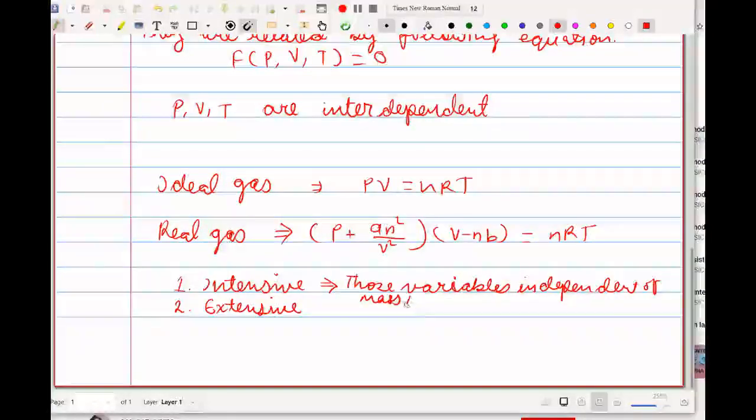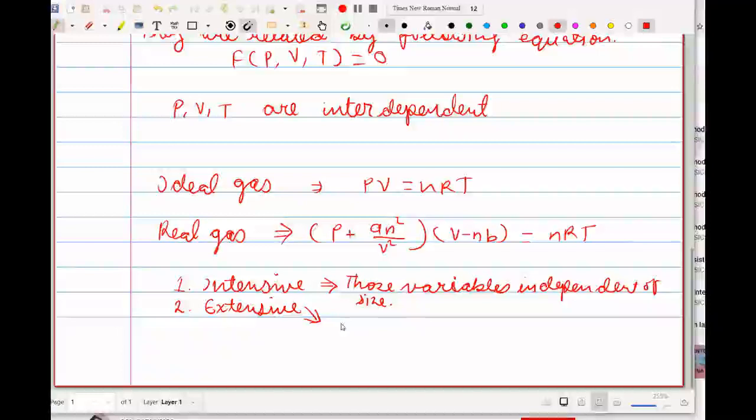Or say, instead of mass I'm calling it size. Okay, and extensive means those variables which are proportional to system size.